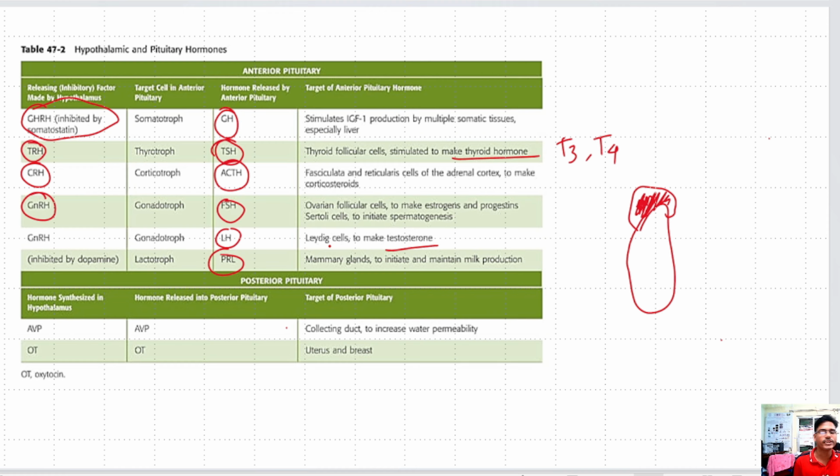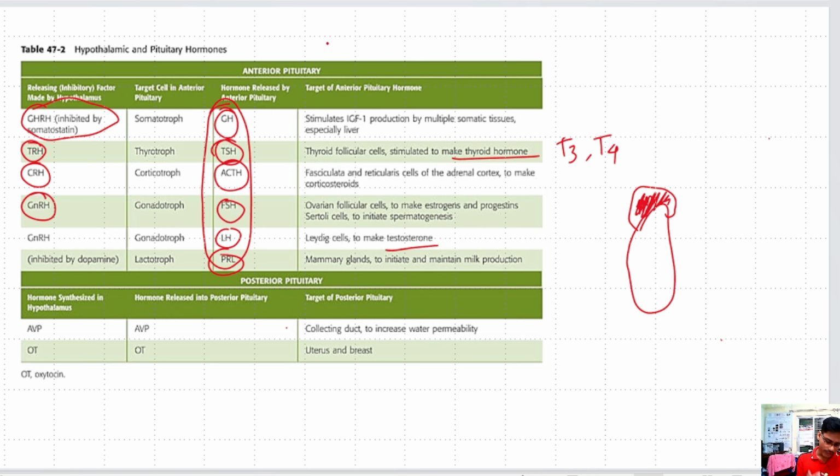So in the anterior pituitary, think about the main six hormones that regulate our body. That's why it's kind of a master gland in the body, because it can control different cellular functions and cellular operations.